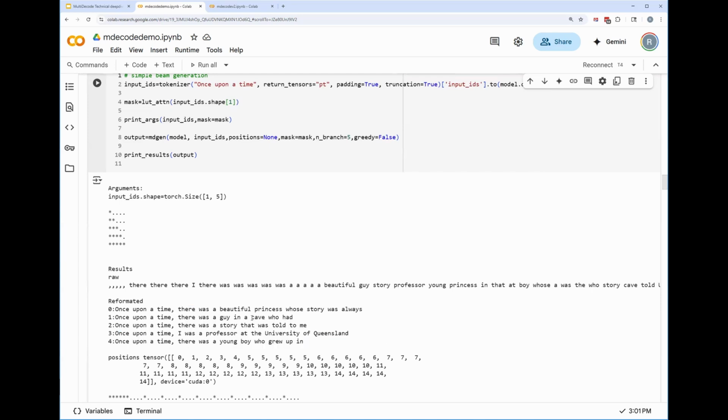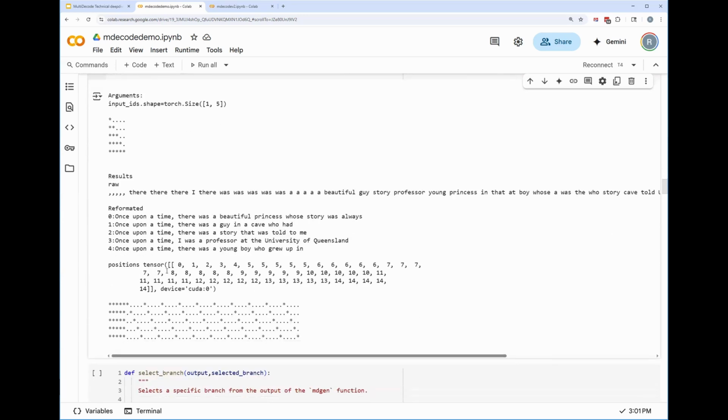Now, we generated these with only, how many did we generate? 10, was it? With 10 calls of the model. So there's 50 tokens that we generated, but we did it in 5 forward passes of the model. We can see also it returns a position that is the first 5.